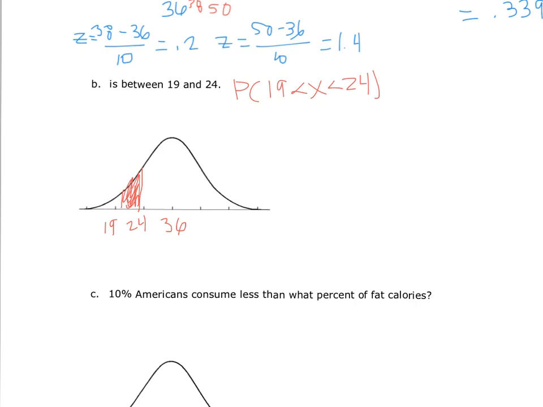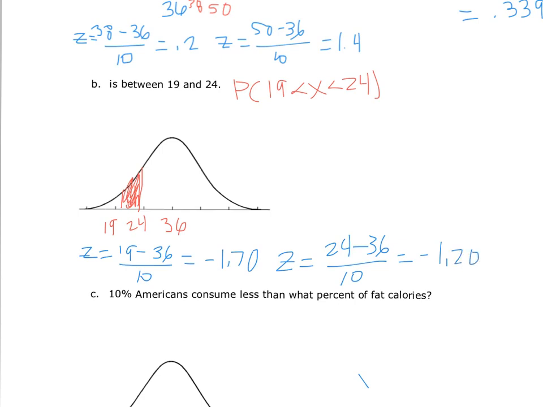Okay, so converting to z-scores. All right, for 19, we get a z-score of negative 1.7, and for 24, we get a negative 1.2.